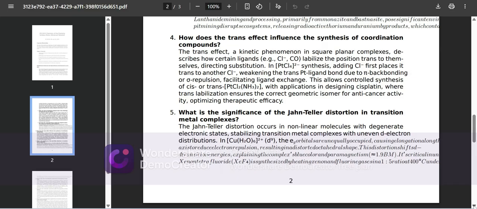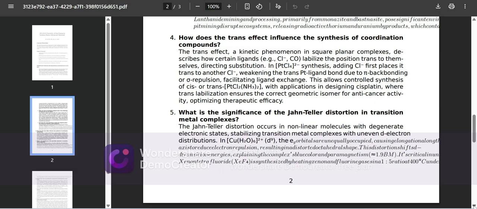In PtCl4 2-, synthesis adding chlorine first places it trans to another chlorine, weakening the trans Pt-ligand bonds due to pi backbonding or pi repulsion, facilitating ligand exchange.